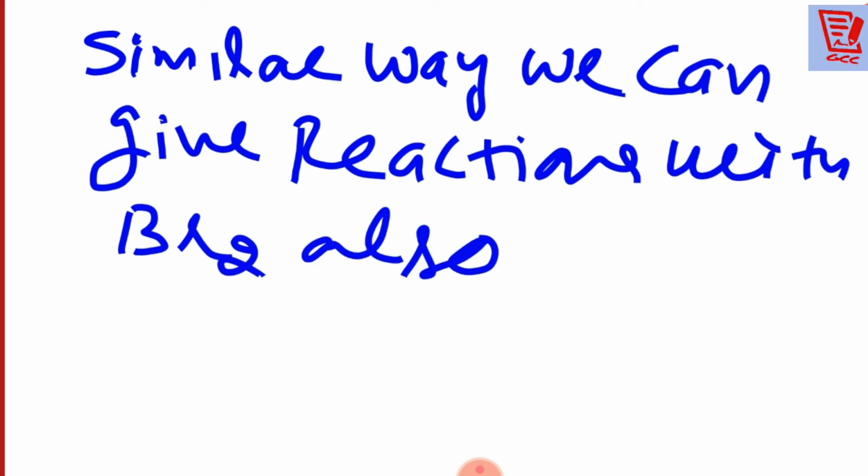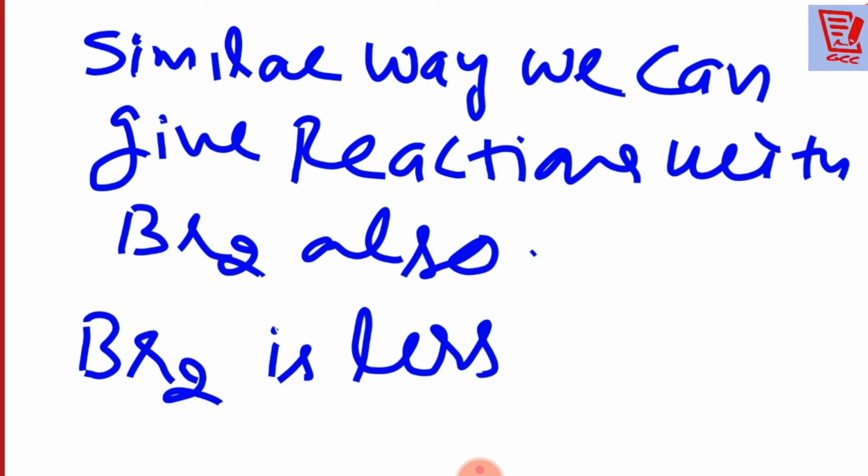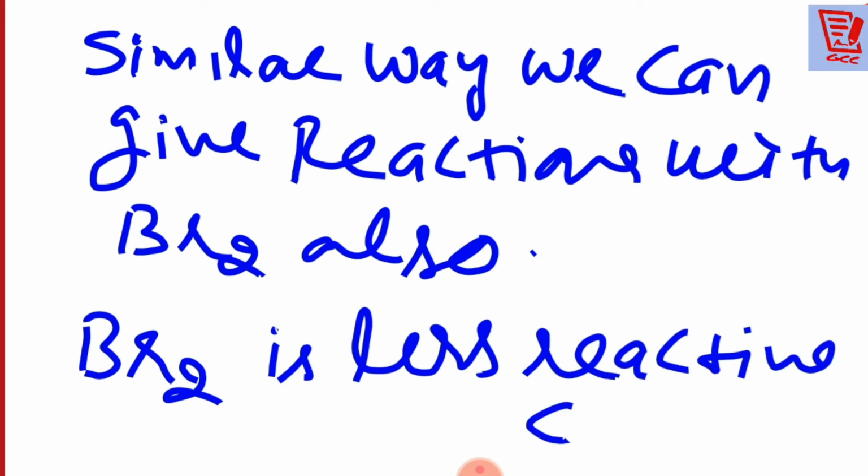Is it clear? But just remember one thing, that Br2 is less reactive than the Cl2. It means the reaction will be there but not as it was with the Cl2.